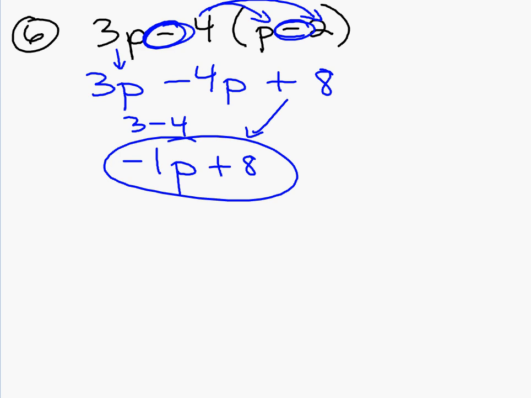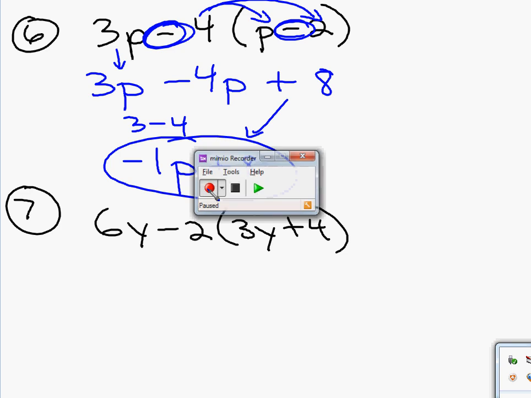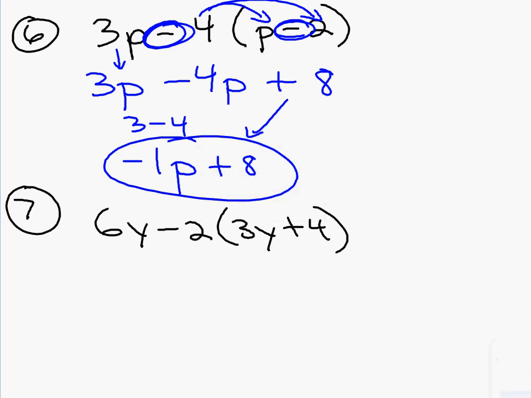Let me give you one of these to try on your own that's something like this. How about 6y minus 2 times 3y plus 4? Try that problem on your own, and I'll pause the video. Okay, on this problem, we do distributive property first.